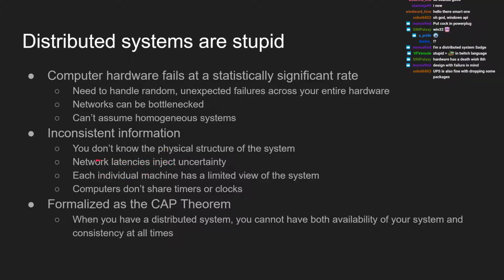And because networks are bound by the speed of light, there is some latency between communications, and this communication delay also injects uncertainty into the state of the world. If you have two computers and they need to talk to each other, say I have this and I have this, and we want to synchronize with each other, that's not a solved problem, because of the uncertainty in communication.